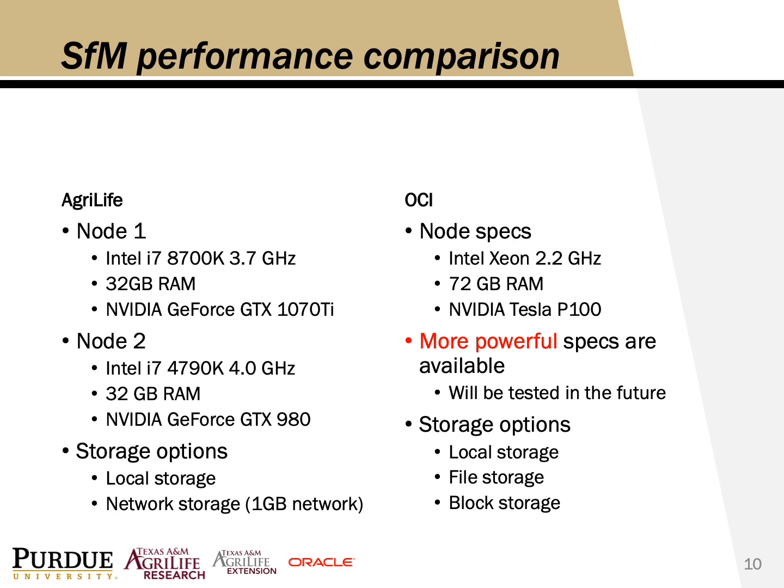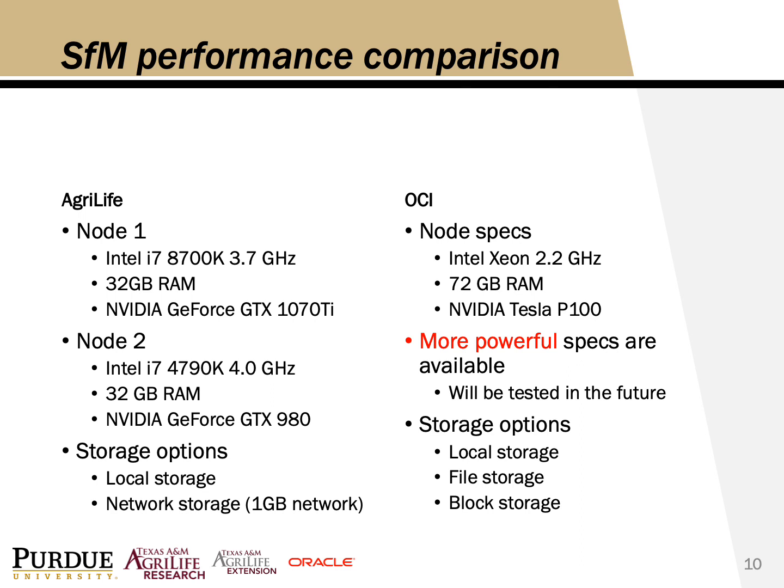We are in the process of getting access to a more powerful Oracle Cloud Infrastructure node, and we are planning to process this data set on it, and that will be updated later.